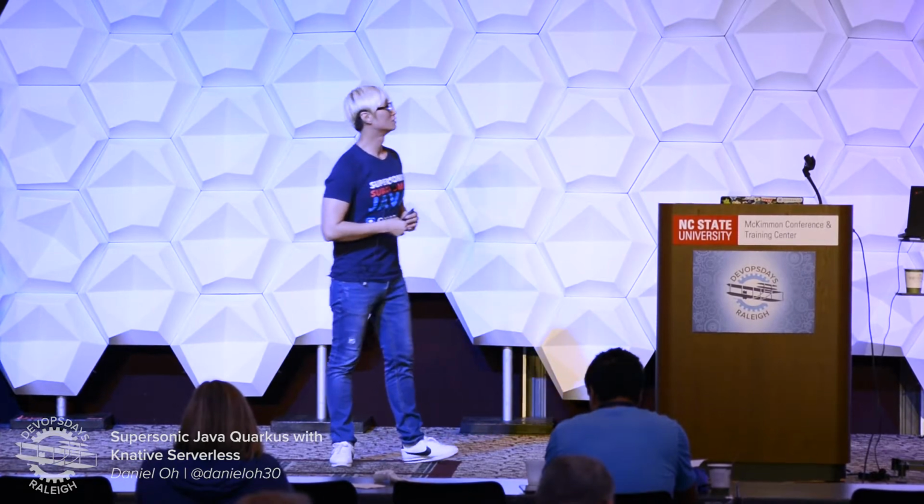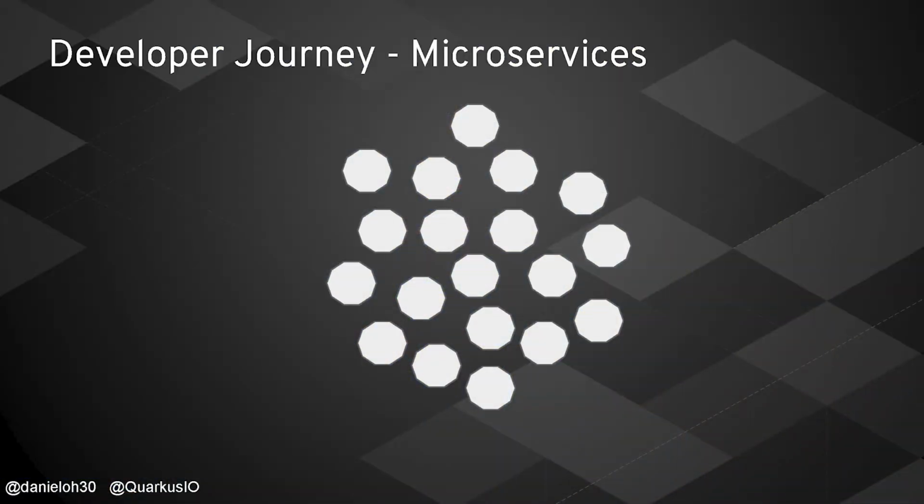We call that a WAR file or EAR file or some Java file, running on the big heavyweight middleware. So microservices were born to fix this kind of problem. Now a single module can run on a single independent runtime like Spring Boot, Node.js, Vert.x, etc.